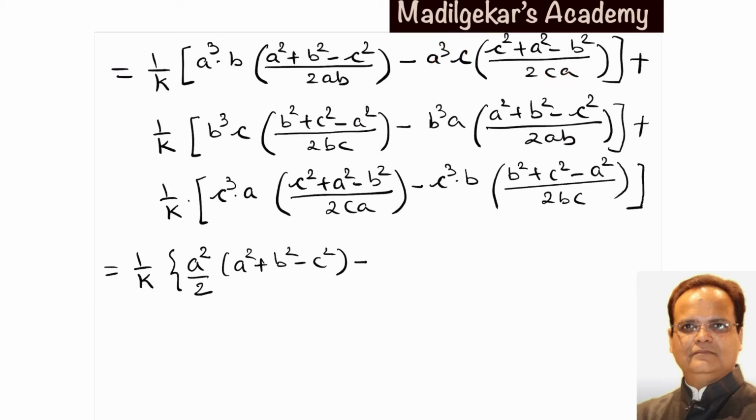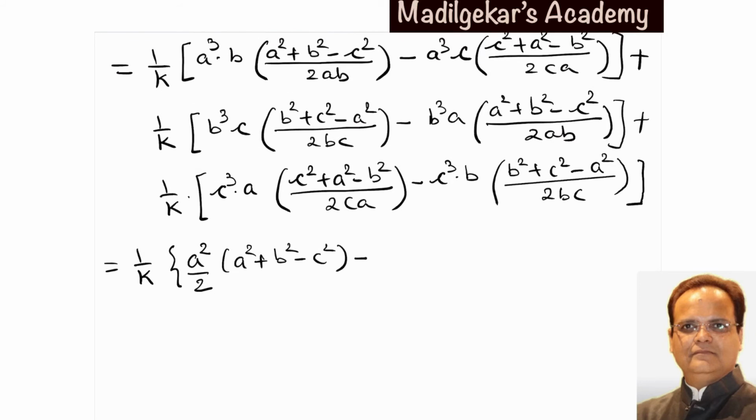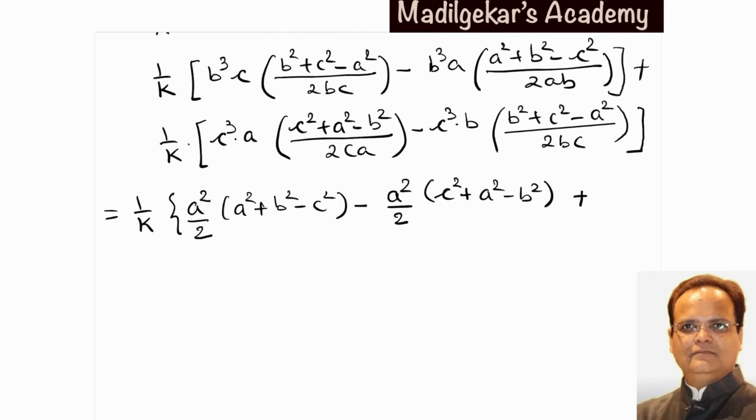So we have a square by 2 c square plus a square minus b square plus b square by 2 b square plus c square minus a square, again b square by 2 a square plus b square minus c square.